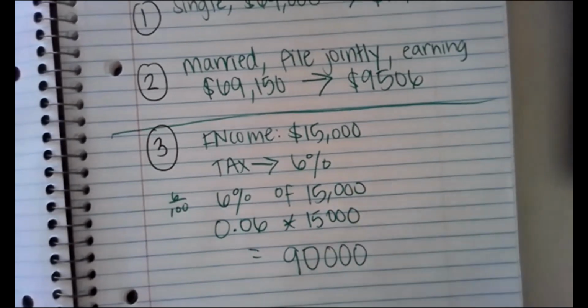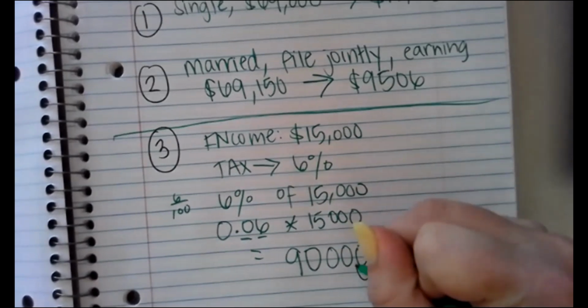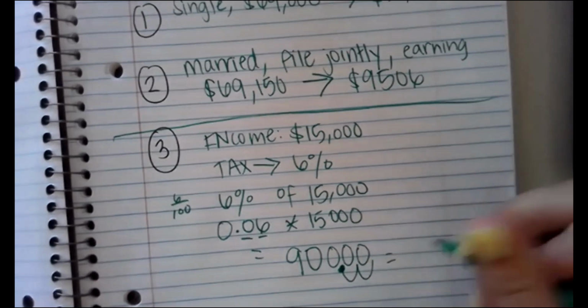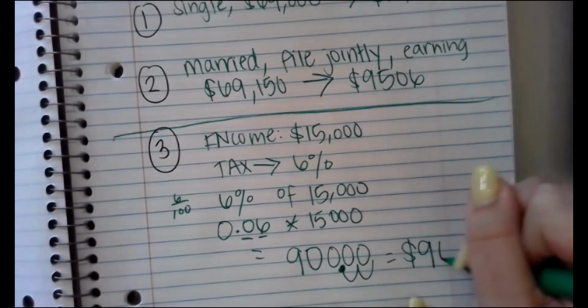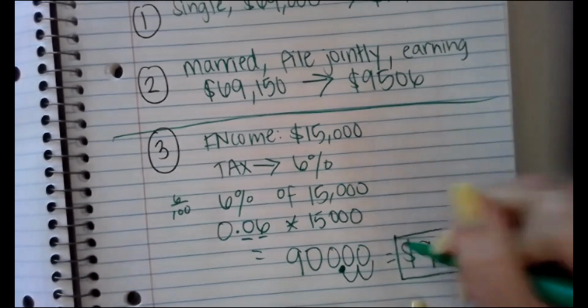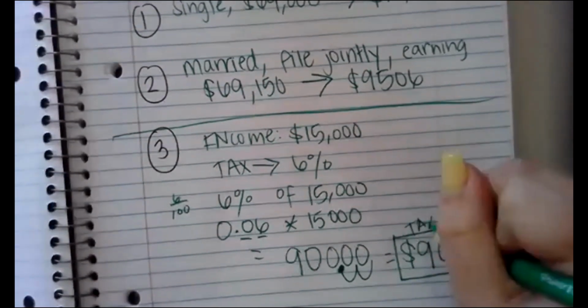We have to attach the 3 zeros, and then we have 2 decimal places. So we have to move in 2 decimal places, 1, 2. So this is 900.00, which is just $900. So this person has to pay $900 of their hard-earned income to the state that they live in for income tax. So this is their tax amount.